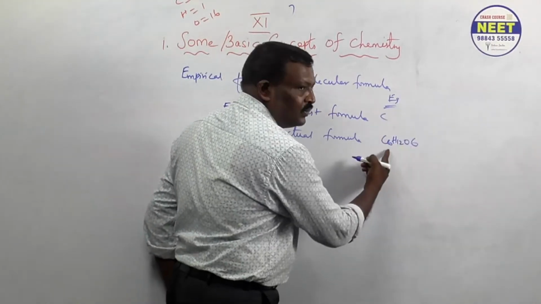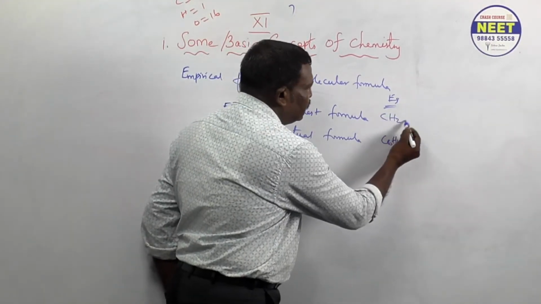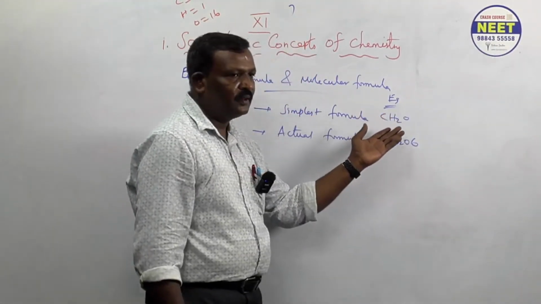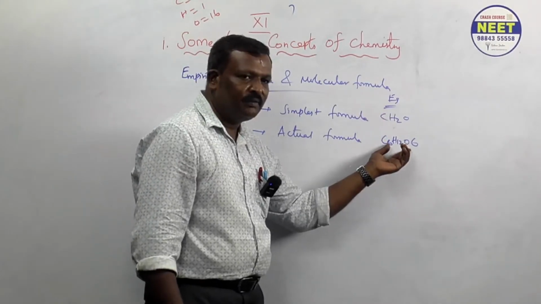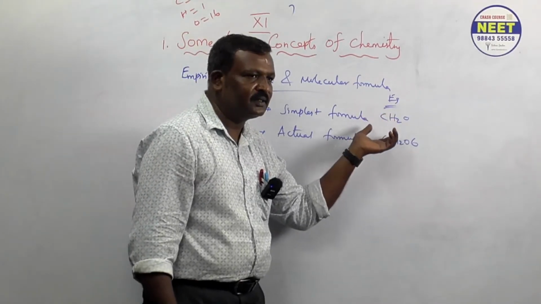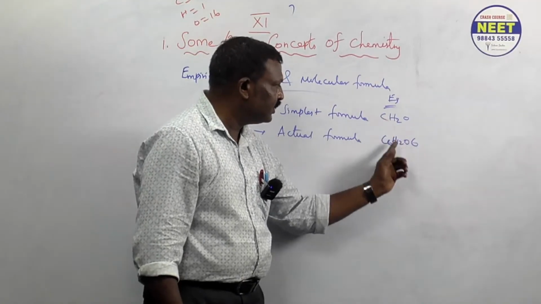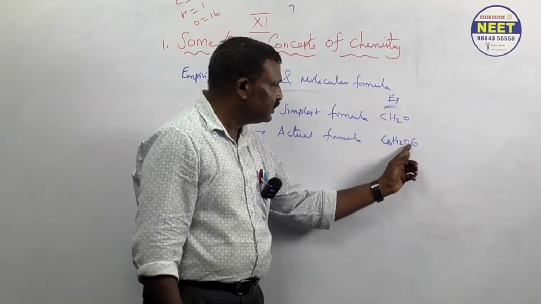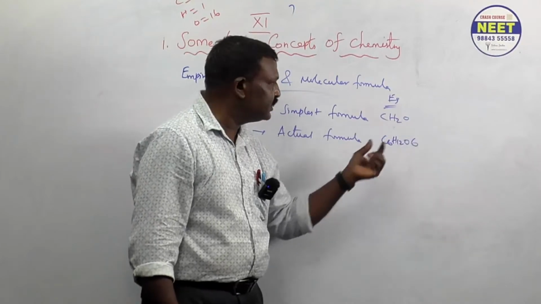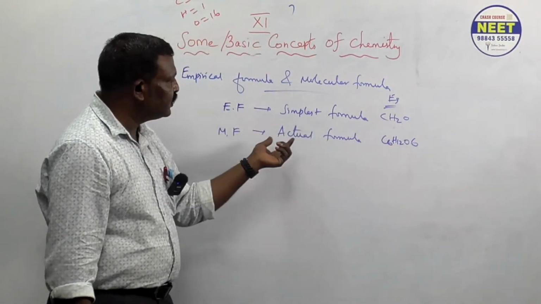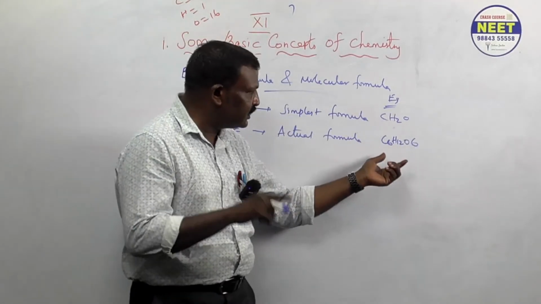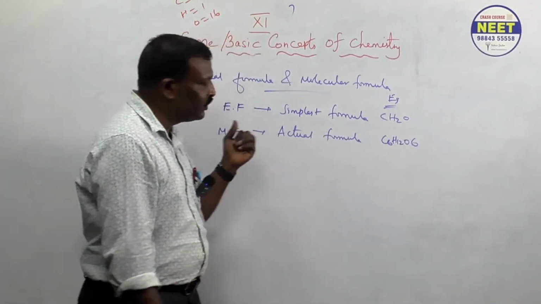CH2O. This is the simplest formula. If you are able to divide, you can write like this, but for all compounds we cannot. 6 by 6 we get 1, 12 by 6 we get 2, 6 by 6 we get 1. CH2O is the simplest formula for glucose. C6H12O6 is the actual formula for glucose.